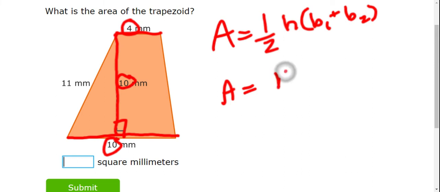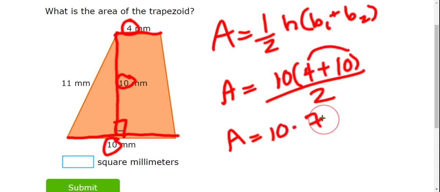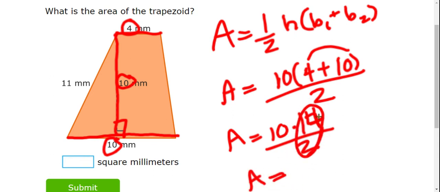So we have the height is 10, and we have base 1 plus base 2, divided by 2. This is 10 times 14, divided by 2. So we could actually do half of this. 14 divided by 2 is 7. So 10 times 7 would be 70.